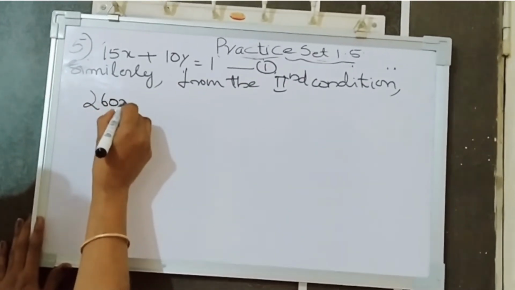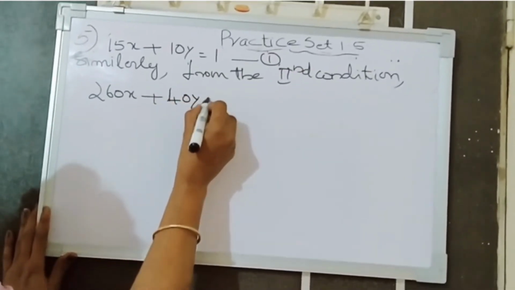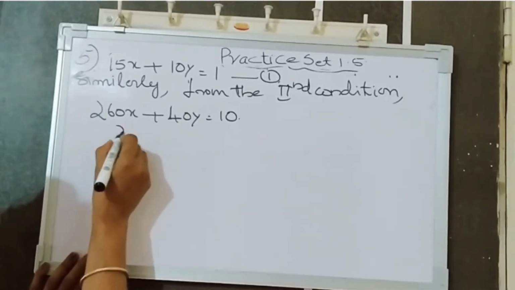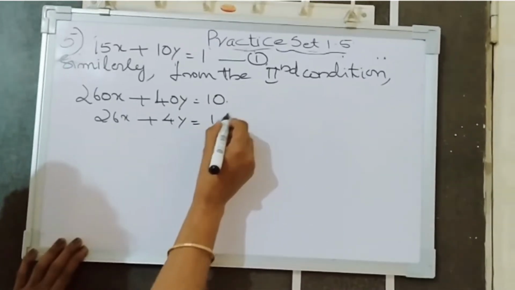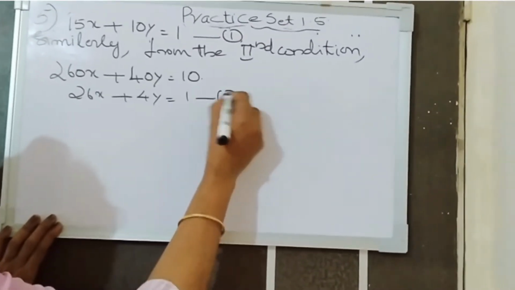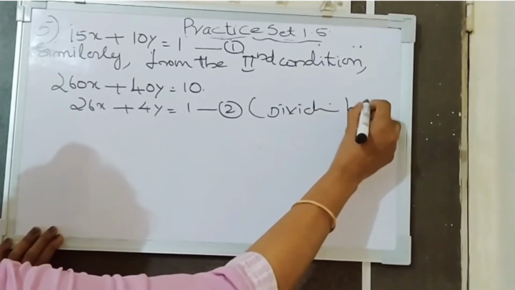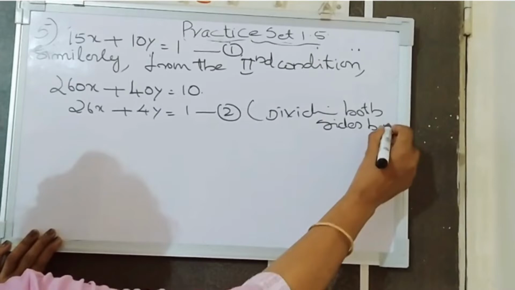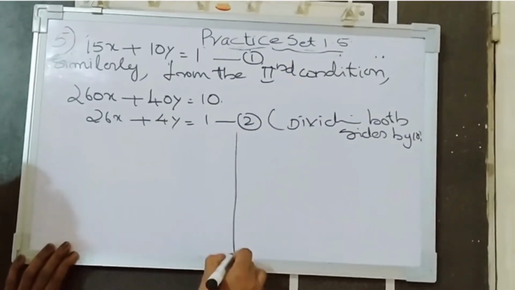Therefore, 260x plus 40y equals 10. Dividing by 10, 26x plus 4y is equal to 1. Equation number 2, dividing both sides by 10. Therefore, equation 1 and equation 2.